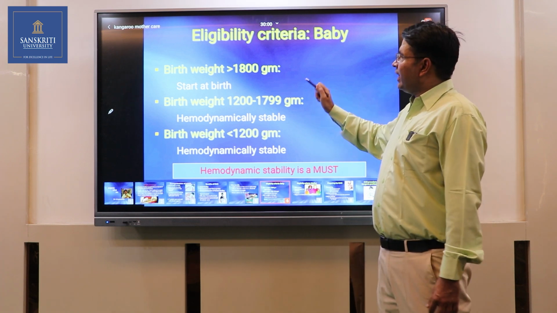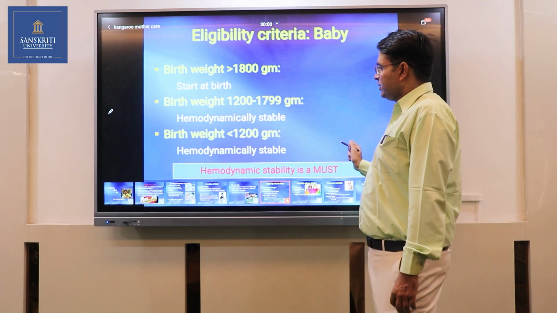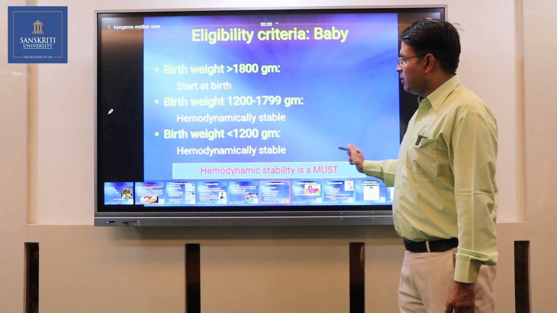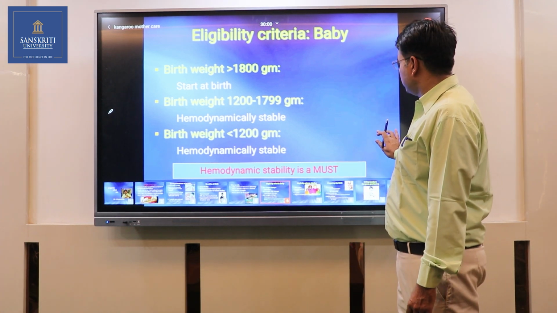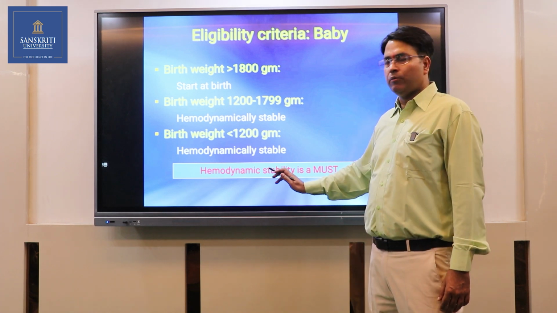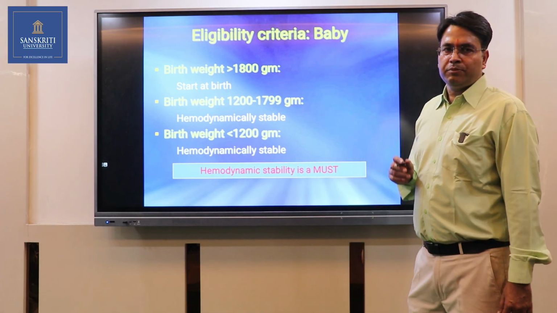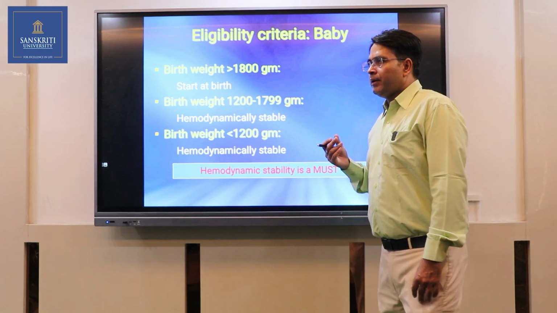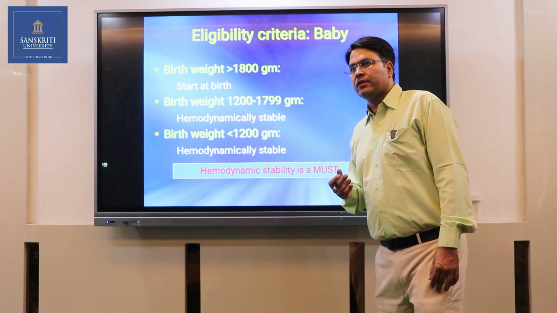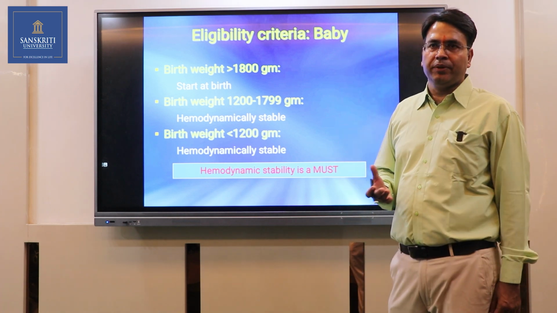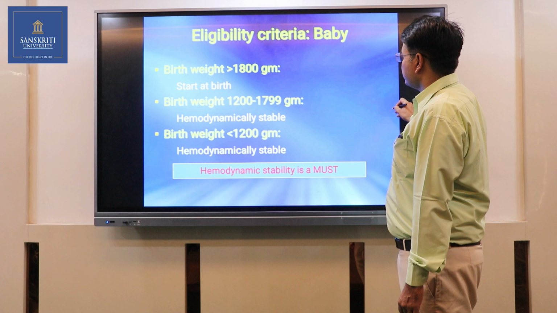All these babies are eligible for receiving Kangaroo Mother Care, but the condition is that the baby should be hemodynamically stable. Hemodynamically means the baby's vitals should be stable. The baby's heart rate should be stable, and the baby's blood pressure should be stable.